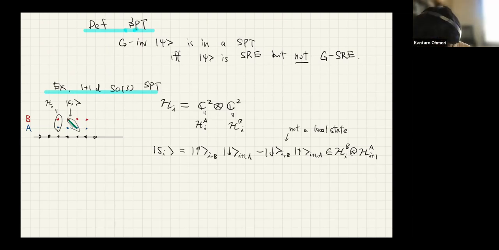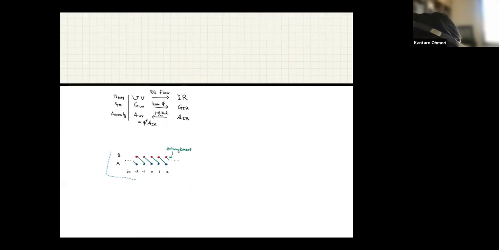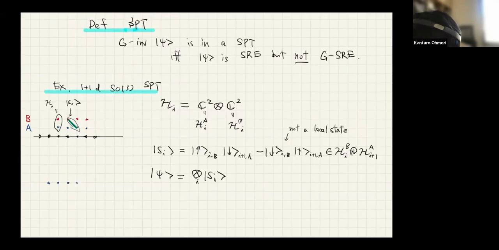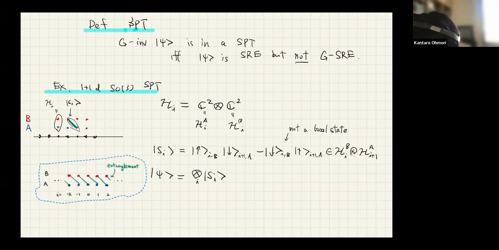Then I pick psi to be just a tensor product of these Si states. Okay, so again, I will write. Yeah, I can copy and paste. Maybe I do this one. Okay, so this is psi.